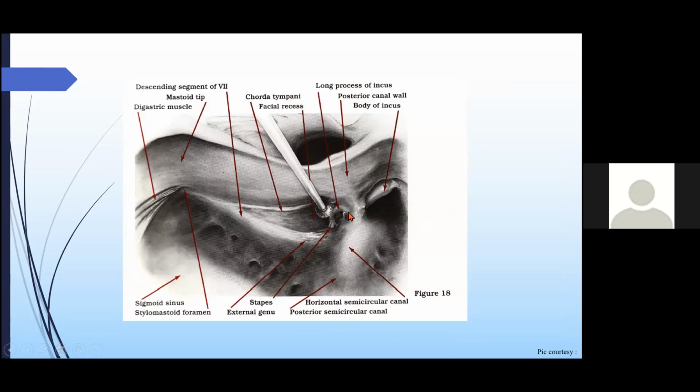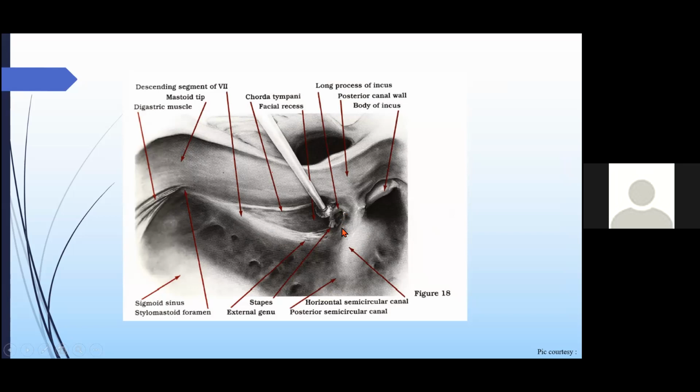We can see the second genu, which lies just medial to the short process of the incus. And also behind the pyramidal process, this second genu turns and forms the mastoid part of the facial nerve. In the superior part, the landmark is the horizontal semicircular canal.